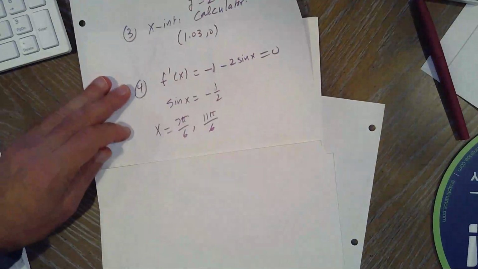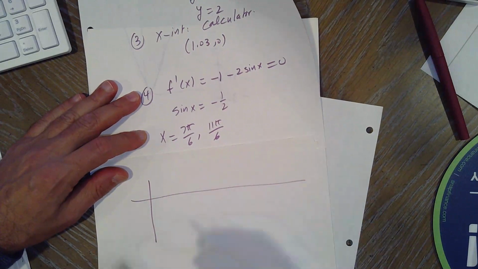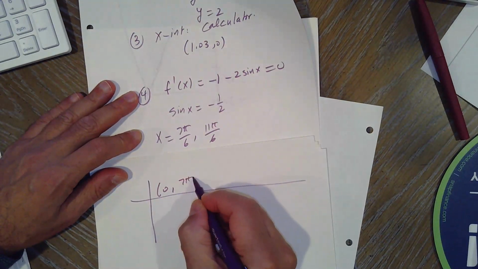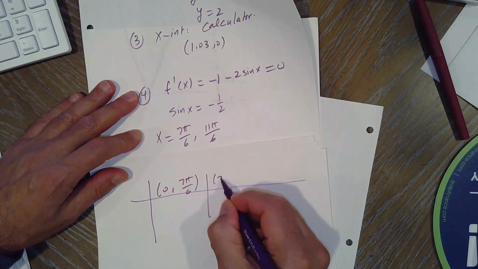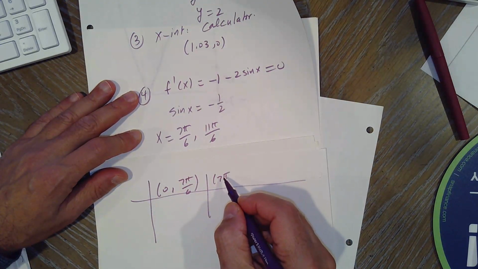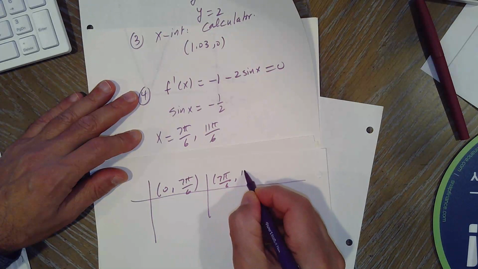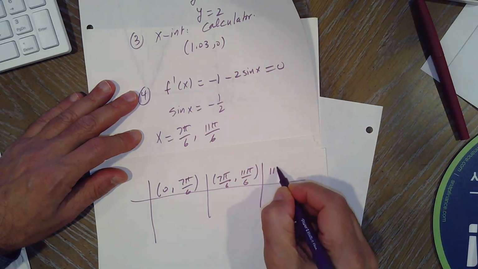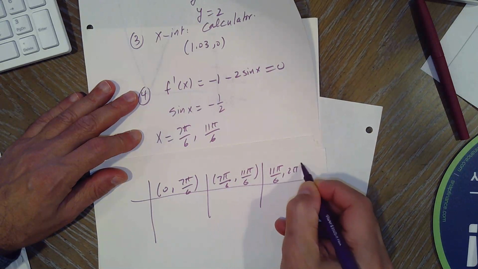So we're going to see whether or not they are points of maximum or minimum. Remember, we don't do negative infinity, the domain starts at 0, so we go from 0 to 7 pi over 6, 7 pi over 6 to 11 pi over 6, and then 11 pi over 6 to 2 pi. That's the domain.